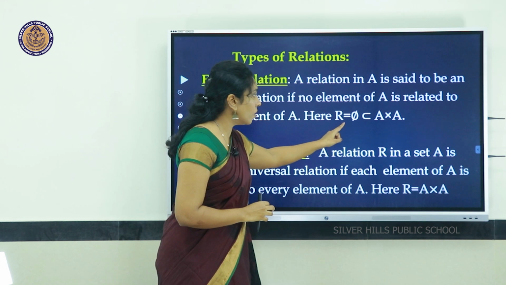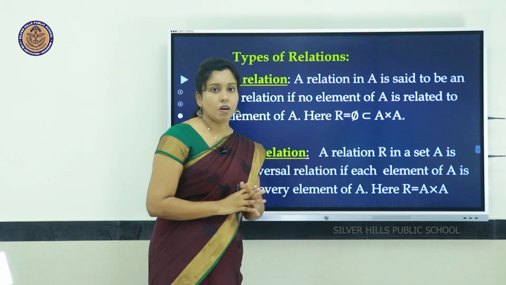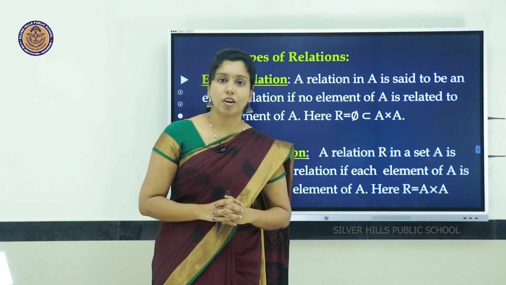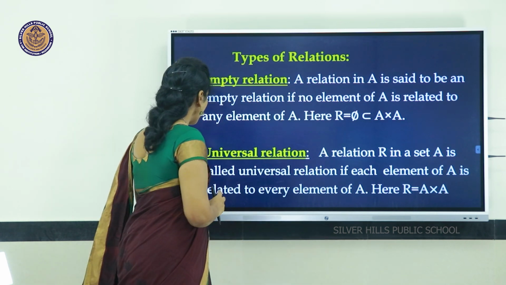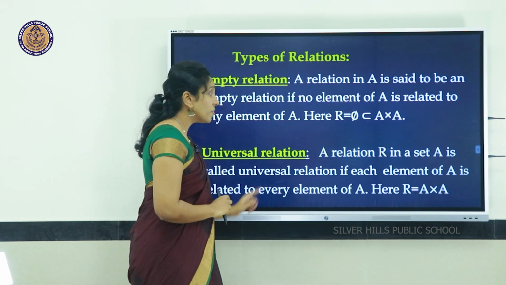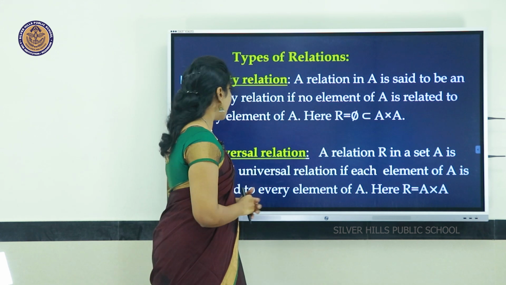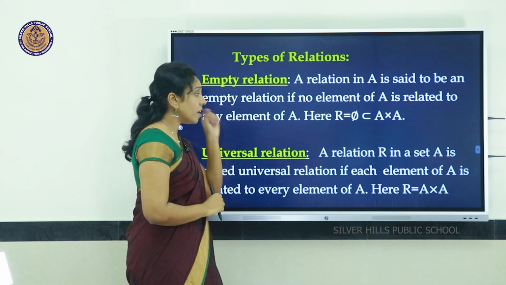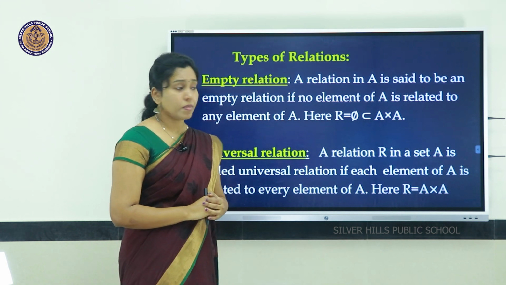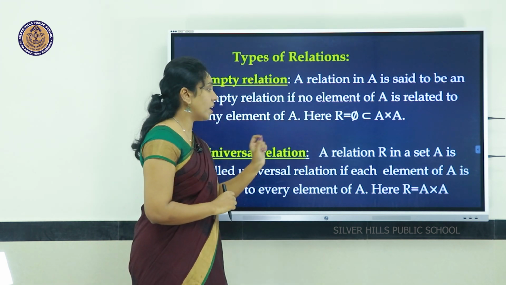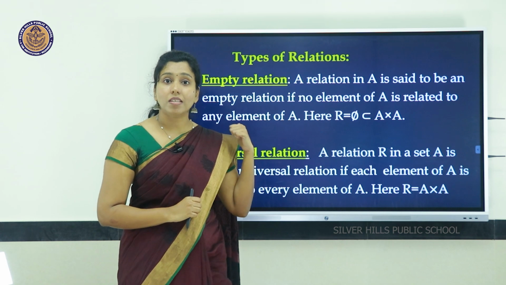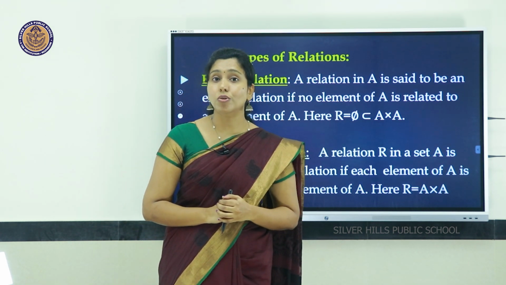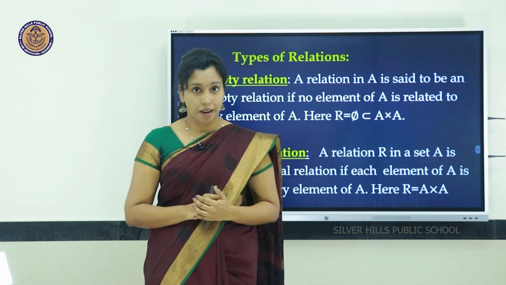And R is equal to phi, which is of course a subset of A cross A. And what is the next one? Universal relation. A relation R in a set A is called a universal relation if each element of A is related to every element of A. So what is R here? R is equal to A cross A.